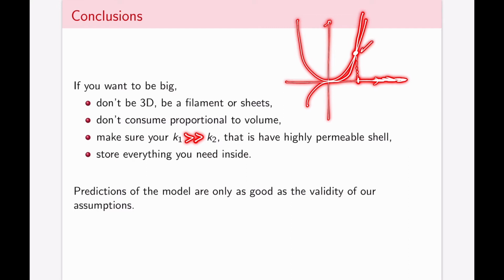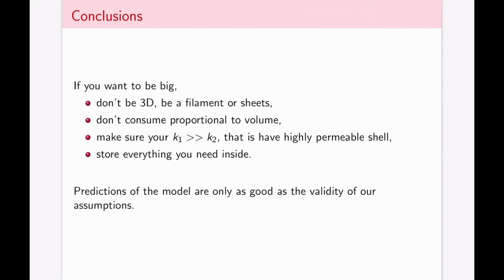So this point will actually be quite big, and therefore we will be able to have a bigger cell here. What this corresponds to in nature is having highly permeable shells, so being able to absorb nutrients from the outside a little bit more effectively. And of course, we can store everything we need on the inside, which will correspond to the absorption being a little bit skewed and our assumption not quite holding.